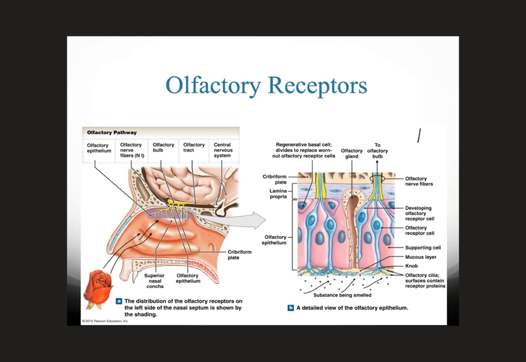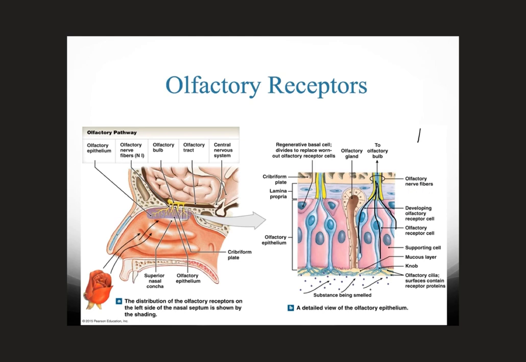You can see how this receptor is going to come together with other receptors. So you have like 1, 2, 3 receptors over here that are going to form your nerve fibers.